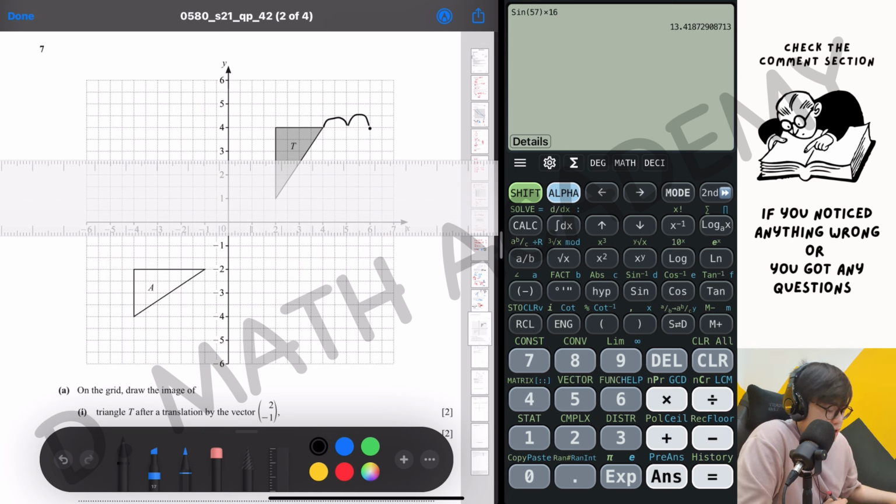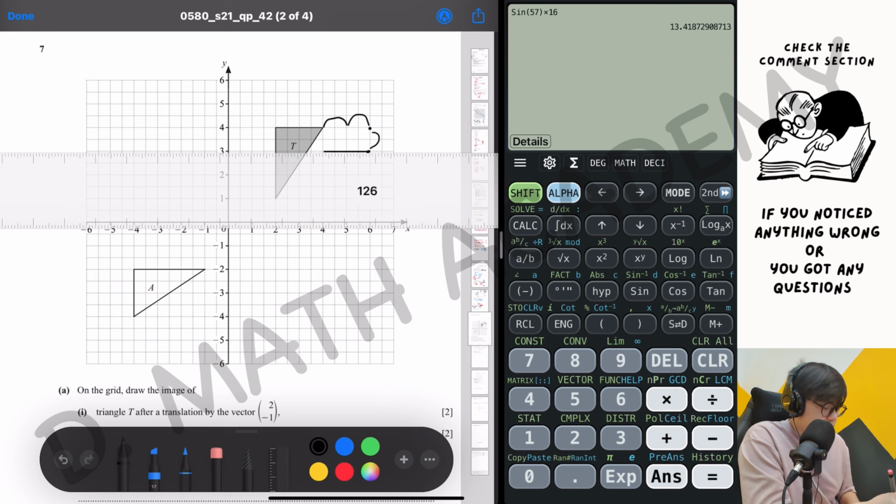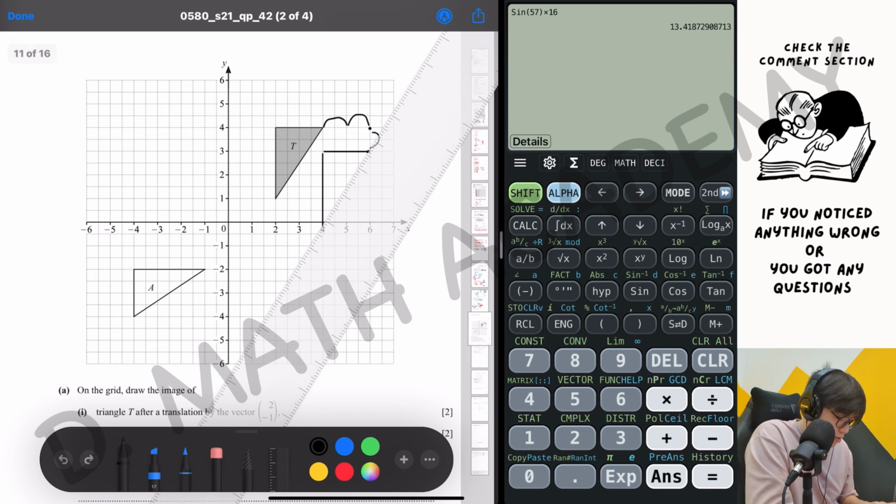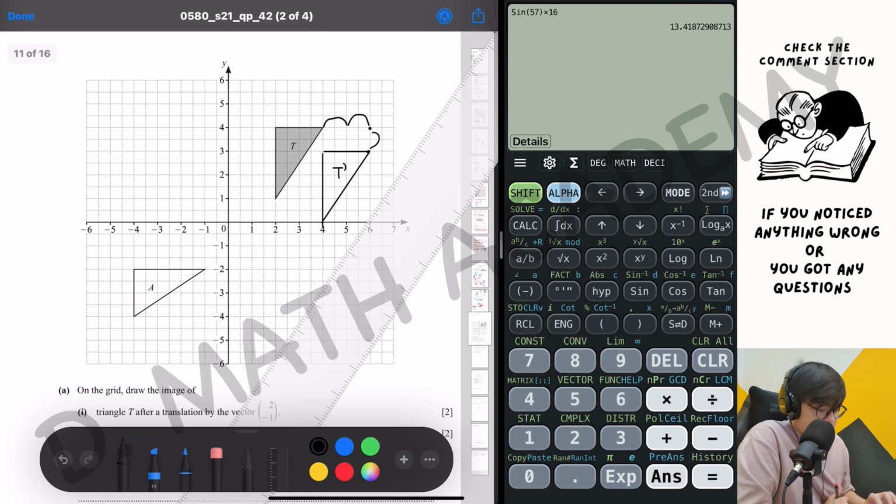Then it must be shifted downwards by 1 step, but it will be 2 boxes here. So when you draw out the results, it will look something like this. This will be our T image here.